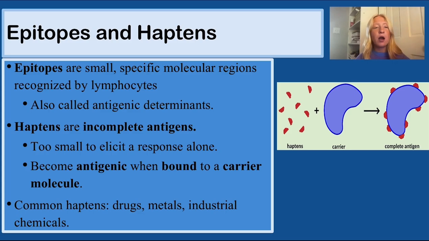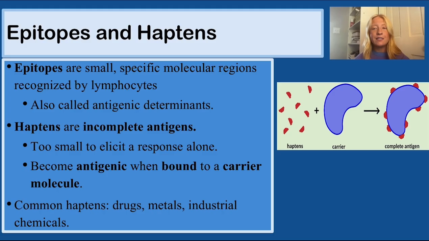Now I'm going to talk about epitopes and haptens. Lymphocytes don't recognize an entire antigen molecule, they recognize specific parts of it. These small distinct regions are called epitopes or antigenic determinants. Each epitope is the portion of the molecule that directly interacts with the immune receptors on B or T cells. And then there are haptens.